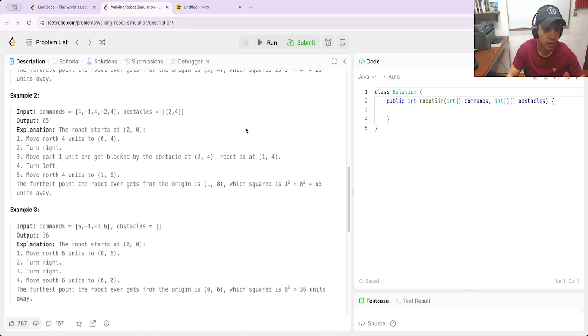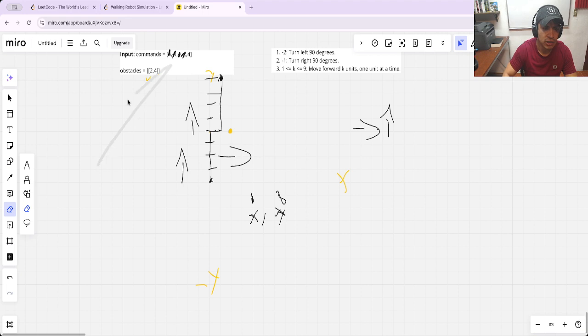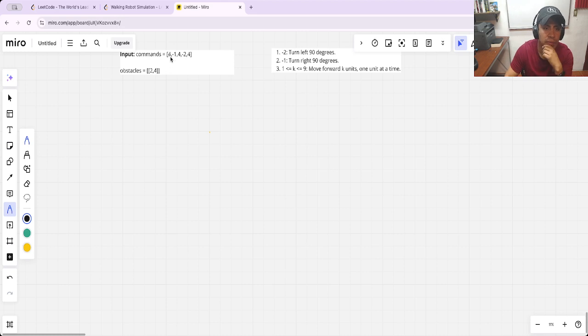Okay. Now, to solve this problem, I think it's not necessary to create or replicate the infinite matrix and so on. We can resolve it.